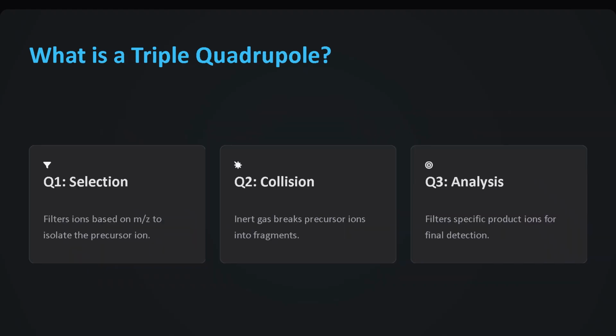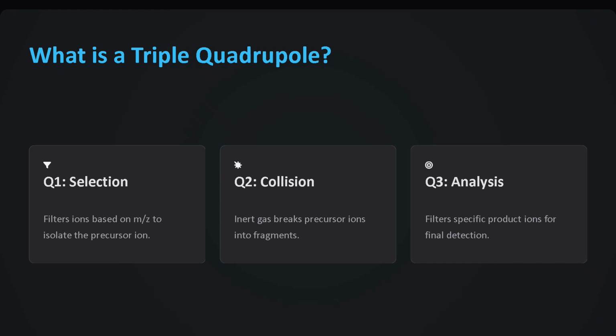A triple quadrupole mass spectrometer consists of 3 quadrupole analyzers arranged sequentially, commonly referred to as Q1, Q2, and Q3. The first quadrupole, Q1, acts as a mass filter. It selects ions based on their mass-to-charge ratio, isolating the precursor ion of interest. The second quadrupole, Q2, is called the collision cell.